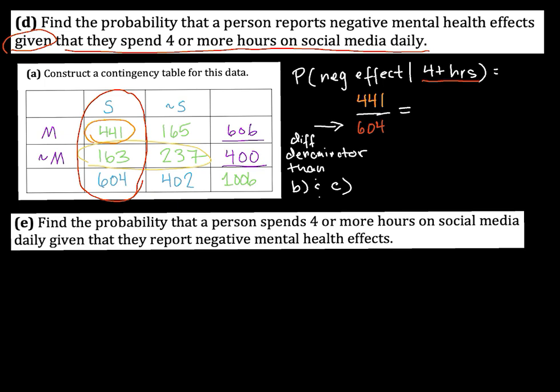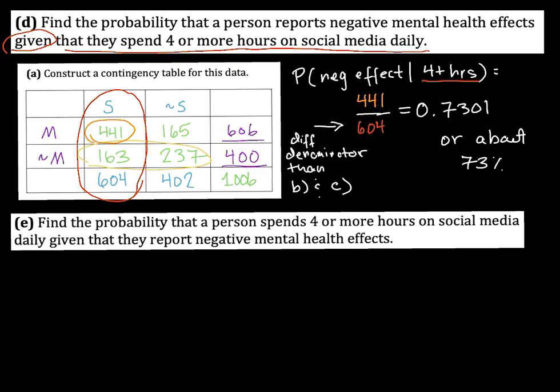All right, so 441 divided by 604 equals 0.7301, or about 73%.